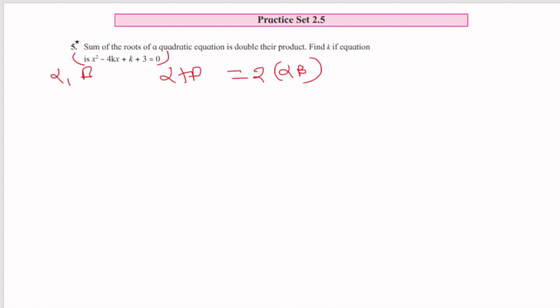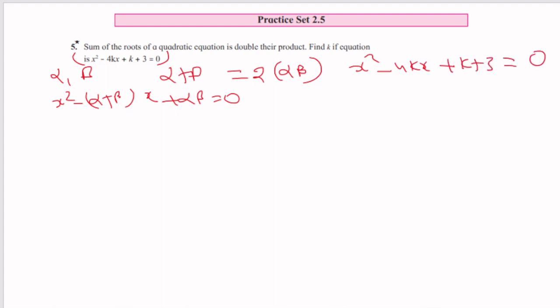What is the formula for finding the equation if the roots are given? This is x square minus (alpha plus beta) x plus alpha into beta is equal to 0. And we have the equation x square minus 4kx plus k plus 3 equal to 0. This is the equation we have in our hand.